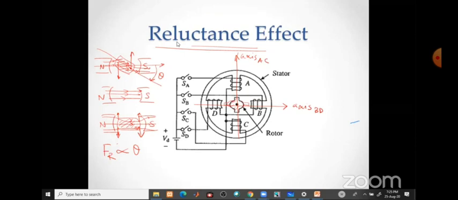Rishabh is there. Unmute yourself, Rishabh. I think he's not there in front of the screen. So let me ask Joshimuddin.